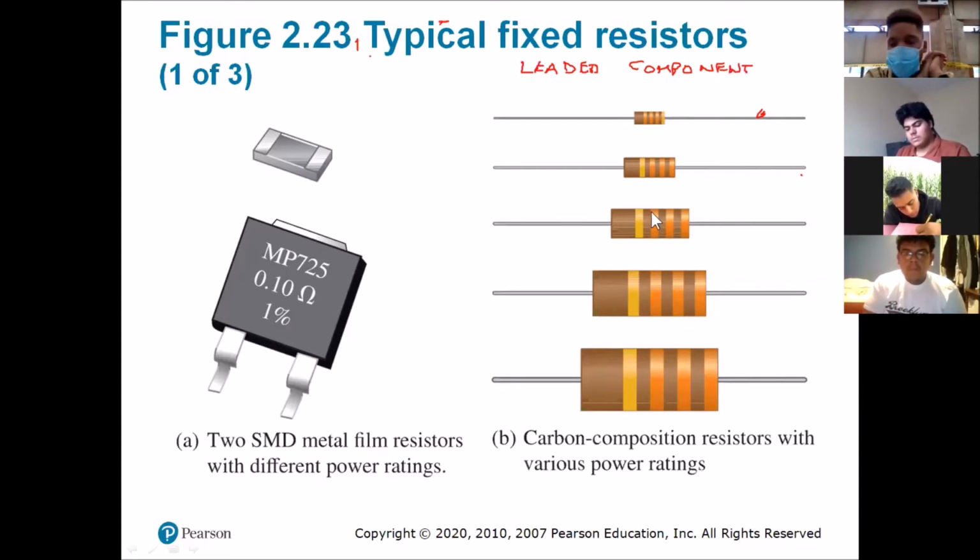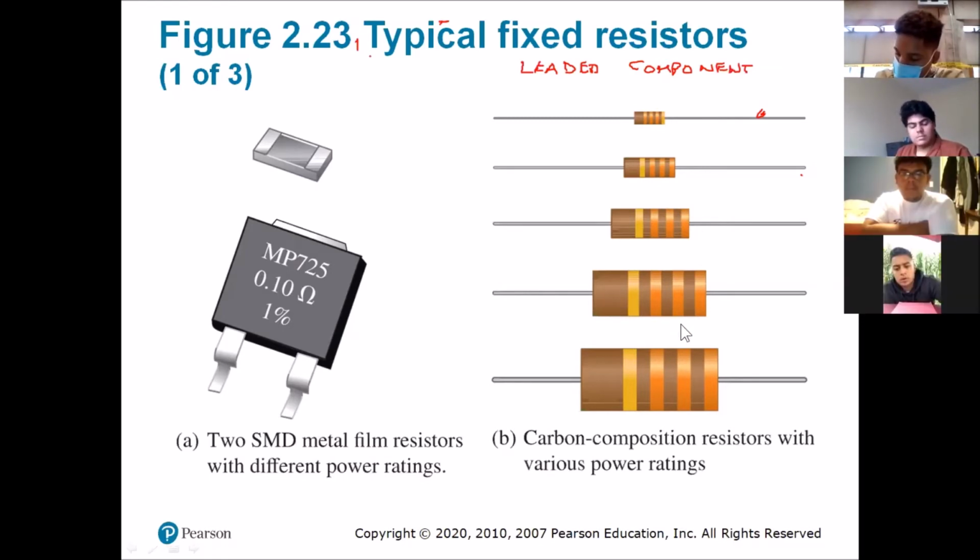And did you go over color code yet? Yeah. So this is orange, orange, orange, gold; orange, orange, orange, gold. So in terms of the resistance, how many ohms of resistance these resistors are, same or different?